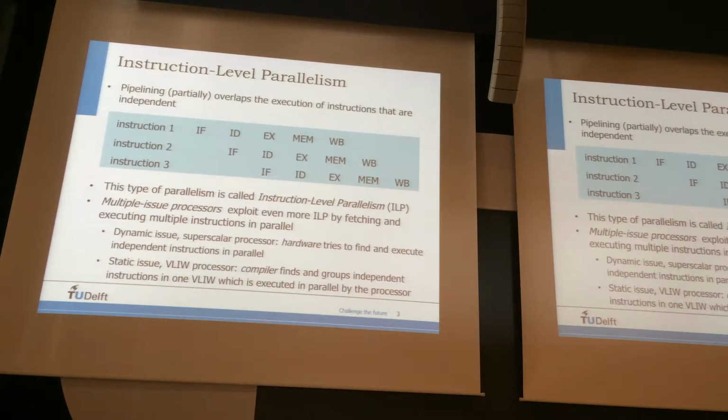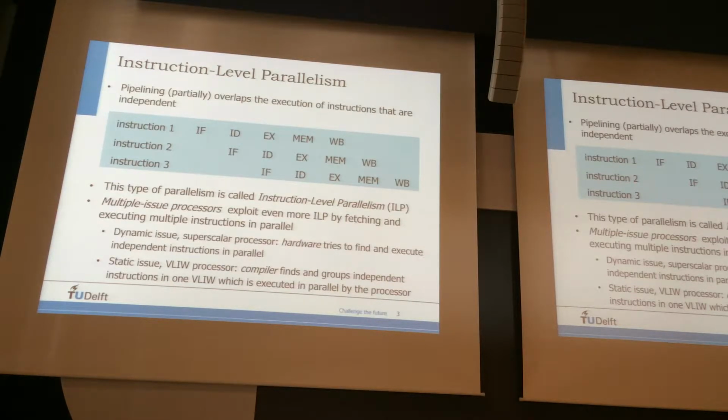Assuming that I do not have troubles in the pipeline, like data dependencies or control dependencies, which will stop me from pushing a new instruction each and every cycle. Now, this assumes that I'm issuing one instruction at a time.